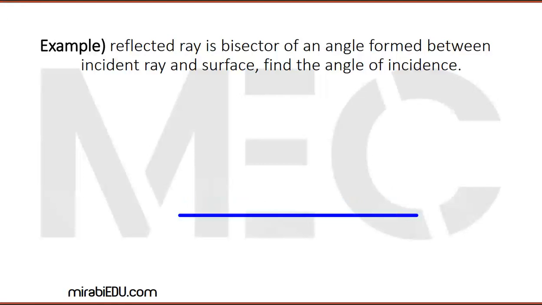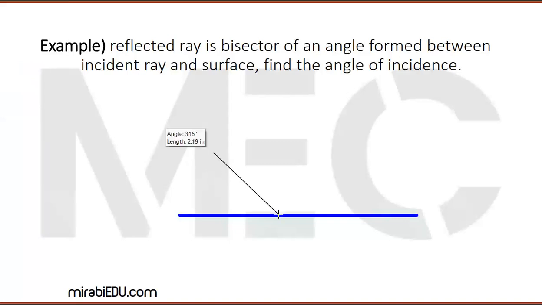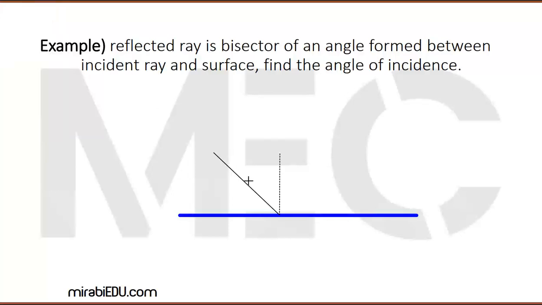Now we have a ray of light like this, and this is the normal line, and then this is the reflected ray.